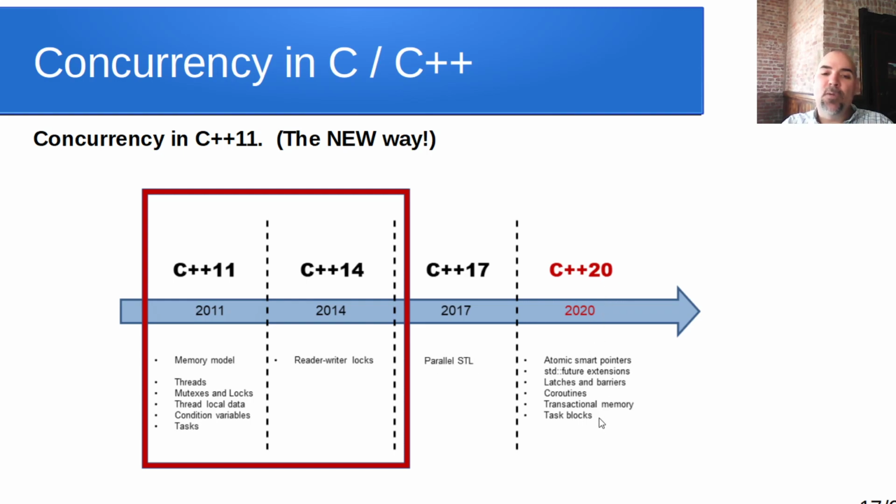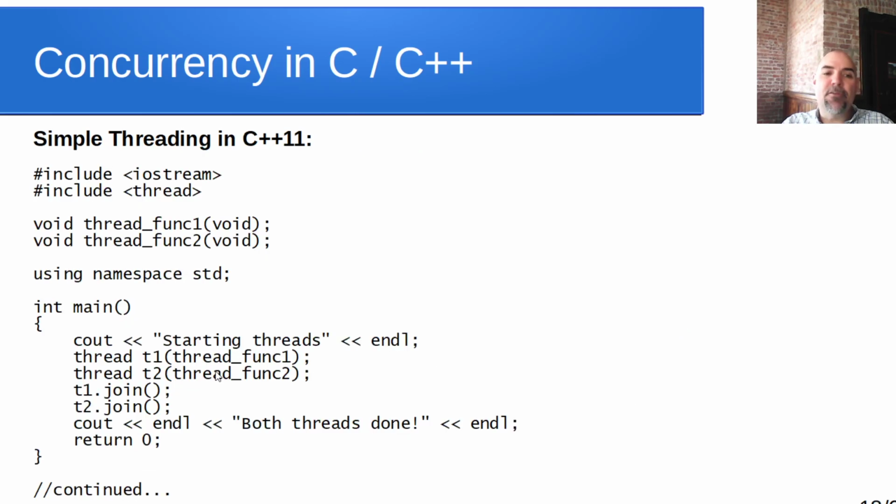And then in 2020, there's latches and barriers, coroutines, futures, atomic smart pointers, task blocks. So there are some new features being added to new versions of C++ now. But we're going to focus on just the threads and mutexes that we looked at previously in Pthreads and how to do that here.